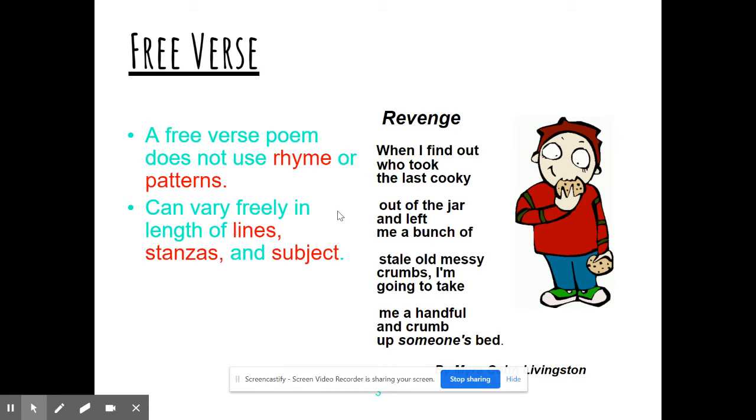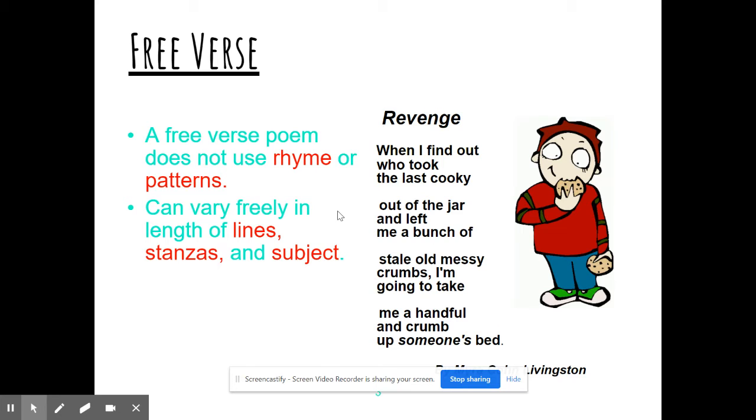You'll see that the lines "when you find out in the last cookie" and "out of the jar and me a bunch of" are a little bit longer than the ones in the middle. Okay, so this one is called Revenge. "When I find out who took the last cookie out of the jar and left me a bunch of stale, old, messy crumbs, I'm going to take a handful and crumb up someone's bed."